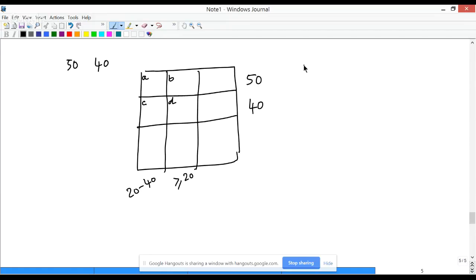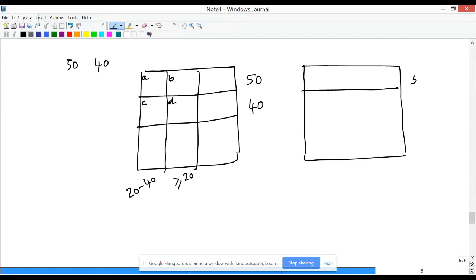Now, the first supply is 50, the second supply is 40. I call this person D1, demand 1. D1 says I want between 20 and 40.